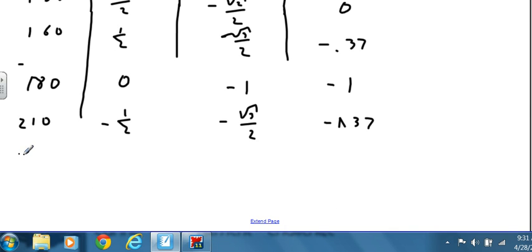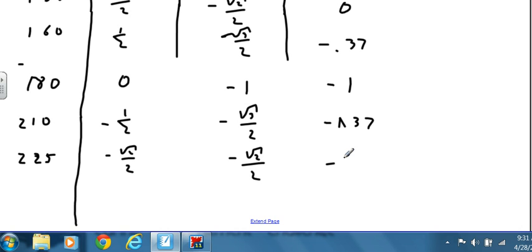And then I look at 225, which is the 45 degree guy, minus square root of 2 over 2, minus square root of 2 over 2, or minus 1.414.